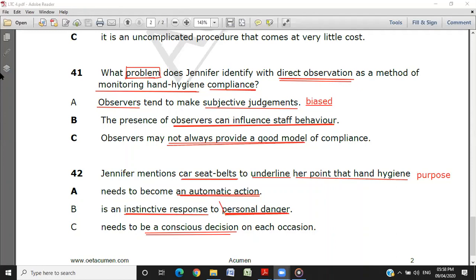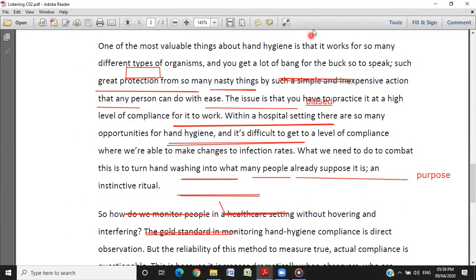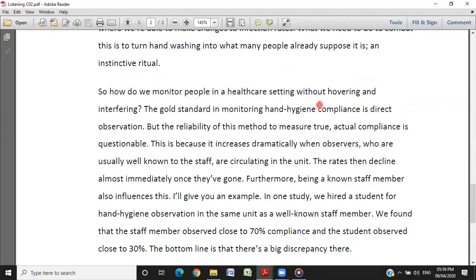Okay, so yeah, it's true that in 41, two answer choices are quite tricky. It is clear that they don't make biased judgment, but whether they don't provide a good model or whether they can influence. So here, what was mentioned is that they tried two ways of direct observation.